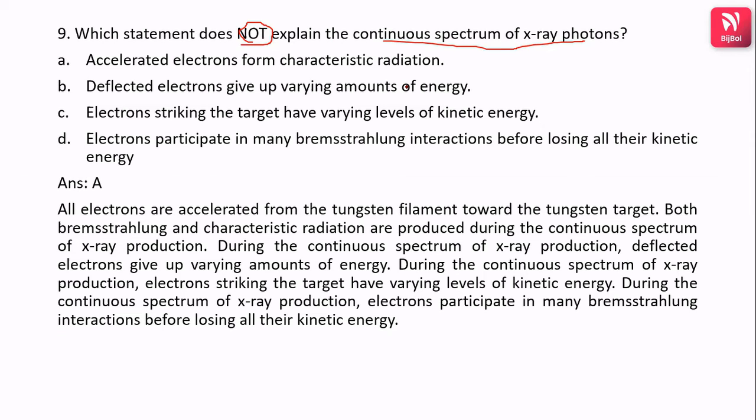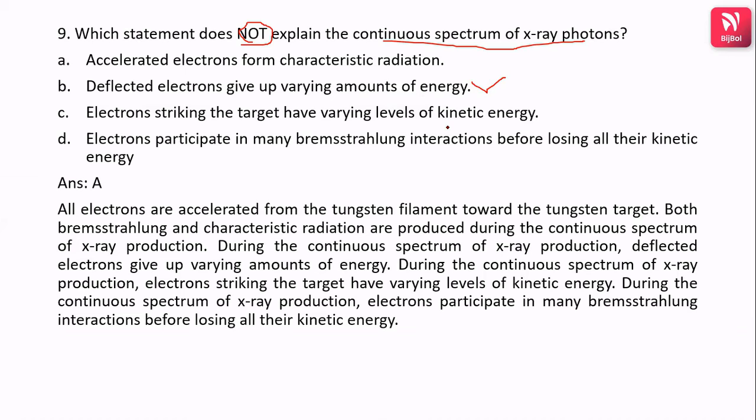So basically, during the continuous spectrum of X-ray production, the deflected electrons give up varying amounts of energy. This is something which is true, and that you can come across in the continuous spectrum. And electrons striking the target have varying levels of kinetic energy.